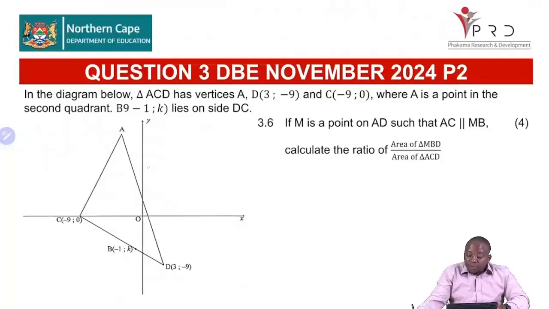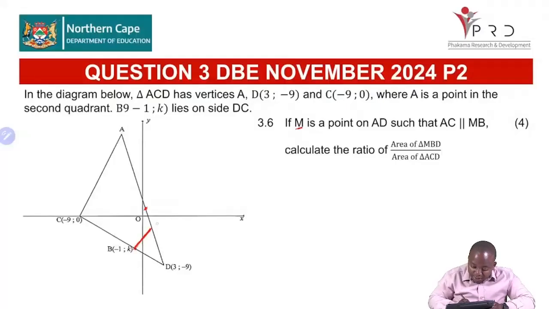So what is the first thing that we notice here? We were told that M is a point on AD, so M is somewhere on AD. I'm going to pick that point and join those two lines. So this is M in that case, right?